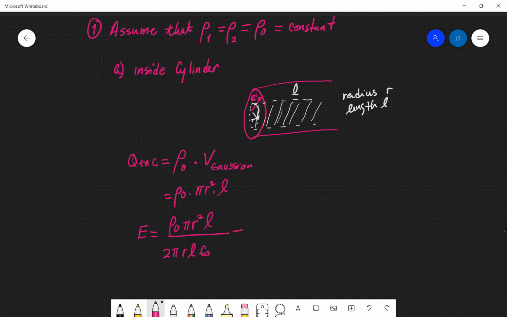L should not enter into this, right? So this will be rho 0 r over 2 epsilon 0. And that's the electric field for r less than R1. Part A.